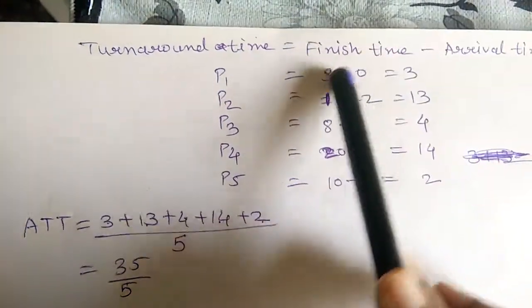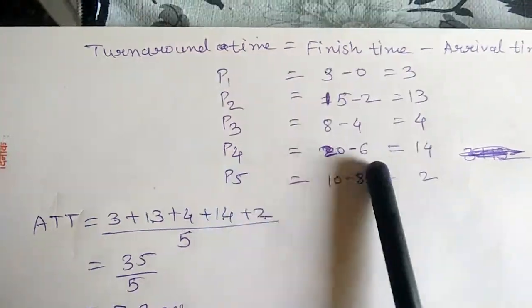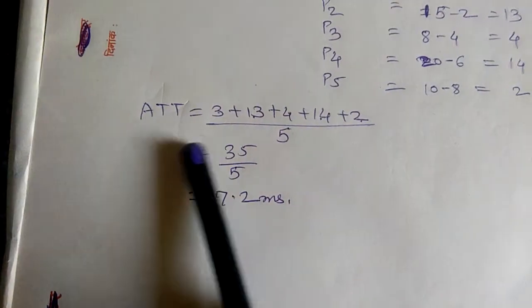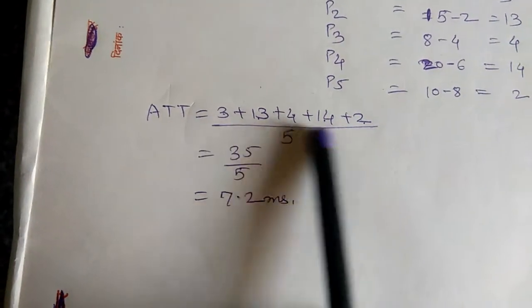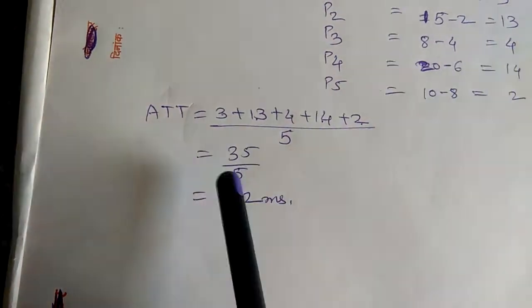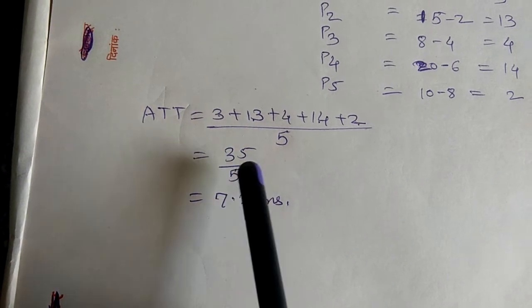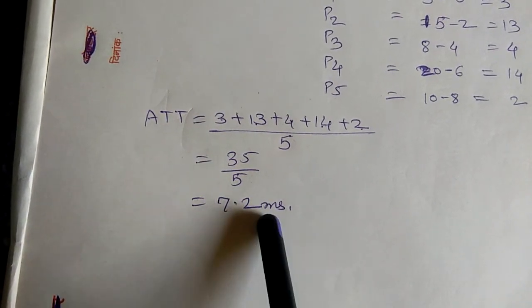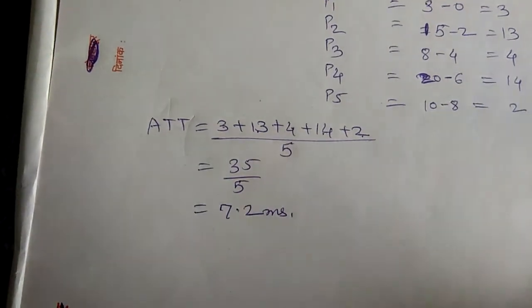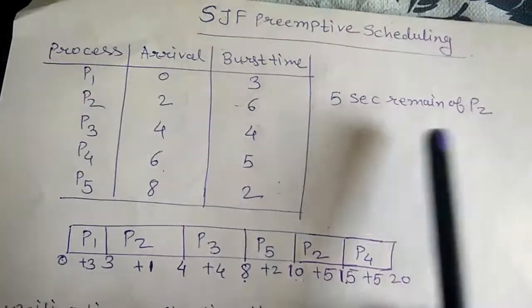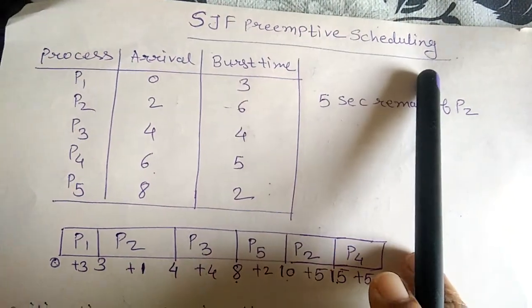With respect to this Gantt chart, I have calculated the turnaround time, and in the same way we calculate the average. By adding these numbers, we have got a total of 35. 35 divided by 5, so we have got an average turnaround time of 7.2. Clear? So this is SJF, the shortest job first preemptive scheduling algorithm.